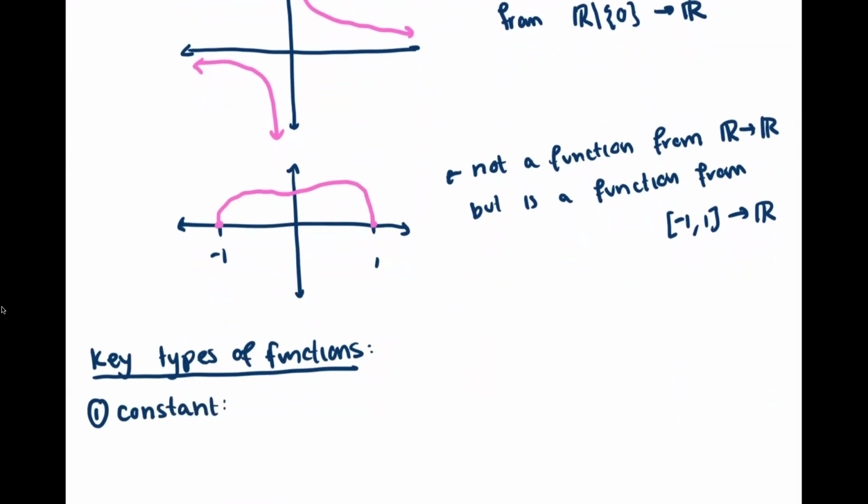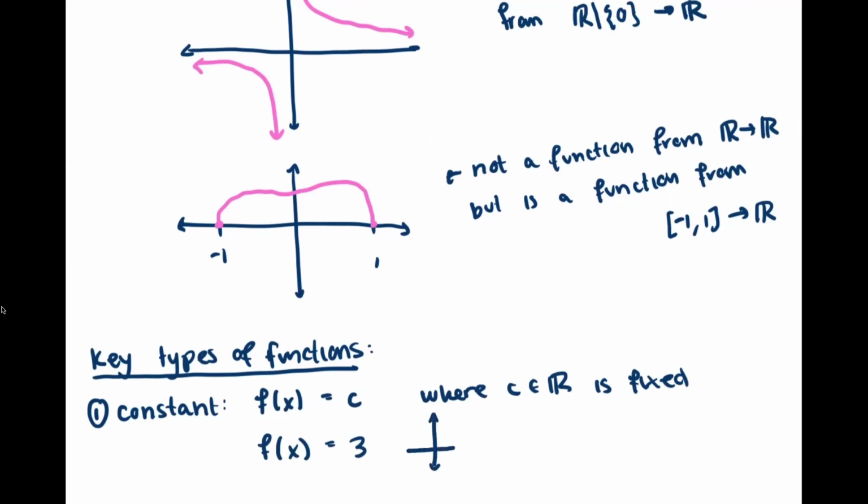That means that given any input x, the output is just some fixed number c, where c is just some fixed real number. So no matter what input you give it, the output is always that constant. For example, you might have f of x equal to 3. And what does the graph of such a thing look like? It would just be a horizontal line at y equals 3.